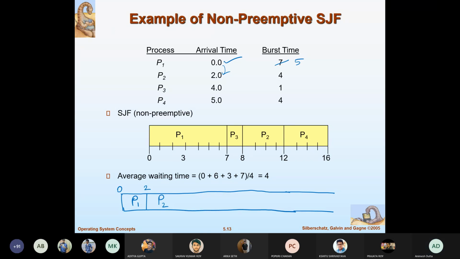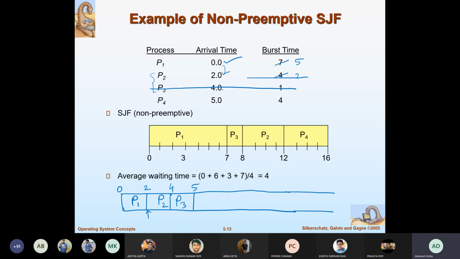So this is preemption. After 2 more seconds, that is the 4th second, P3 also arrives, whose requirement is 1, and by that time P2's remaining requirement is only 2. So which one will you allow, P2 or P3? P3. P3 will run for 1, that is until 5, and P3 will no longer exist.